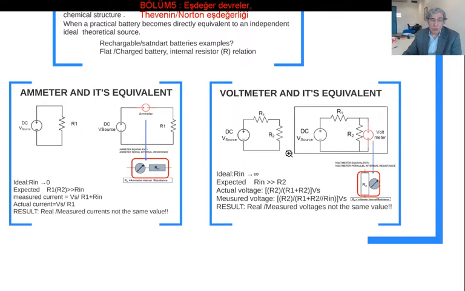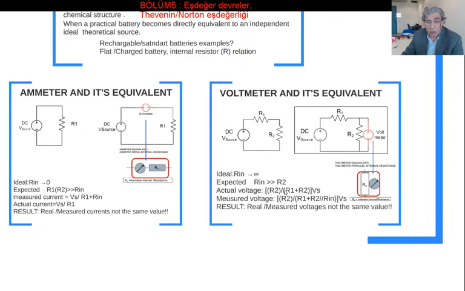First of all, theoretically, the actual voltage of R2 is R2 over R1 plus R2 times Vs. Vs over R1 plus R2 is the current passing through this loop, and when you multiply this current with R2, you get the voltage of R2. So that is the actual, theoretical voltage.